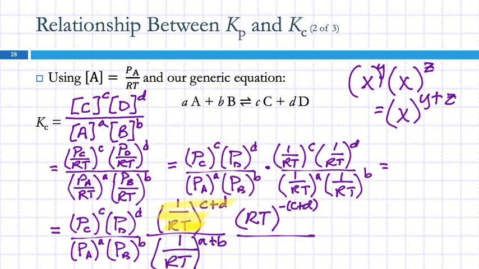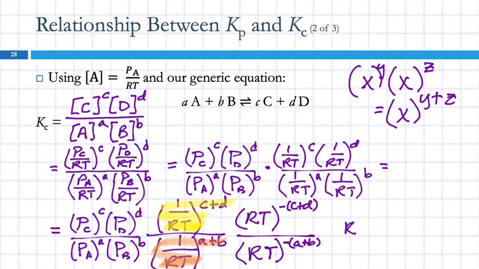And down here, this part is equal to RT to the negative A plus B. I've got this guy divided by that guy. So when I divide things, I subtract the exponents.